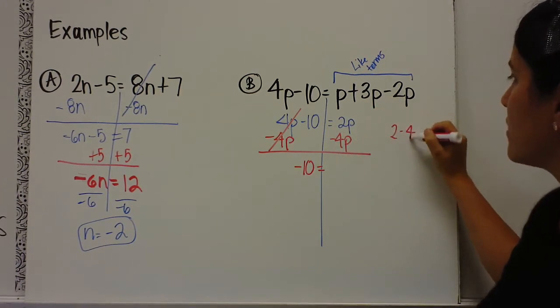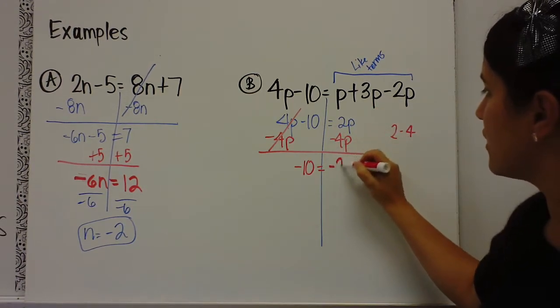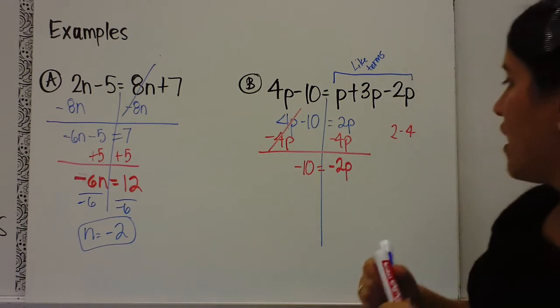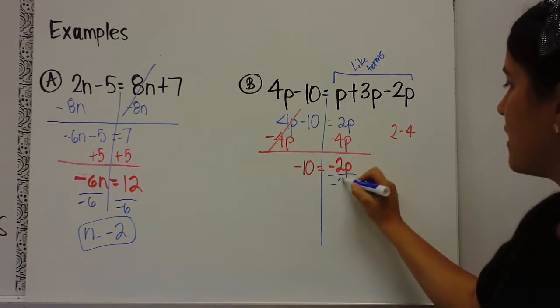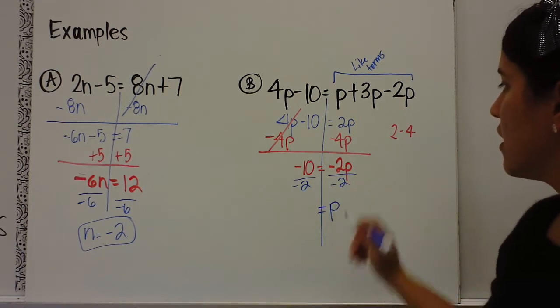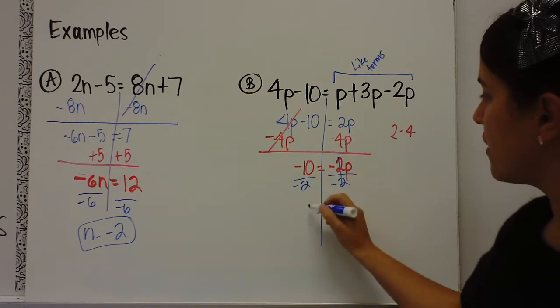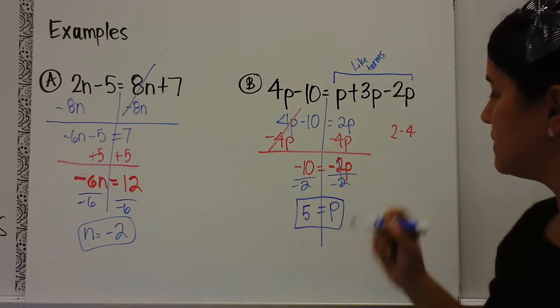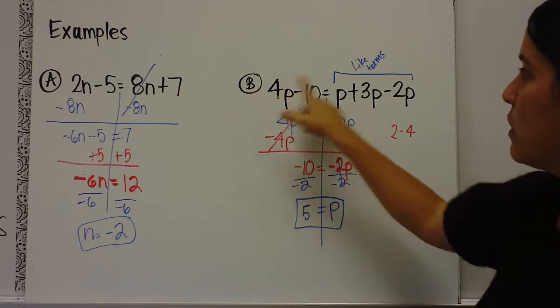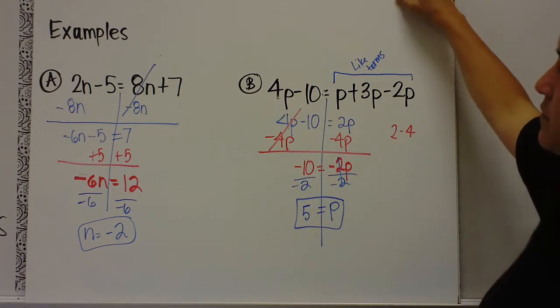So it's like 2 minus 4. 2 minus 4 is -2. -2p. Then I'm going to divide both sides by -2. And -10 divided by -2 is 5. Then we can plug it in to check.